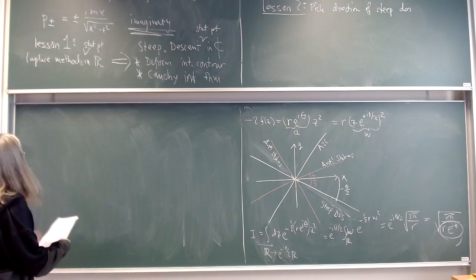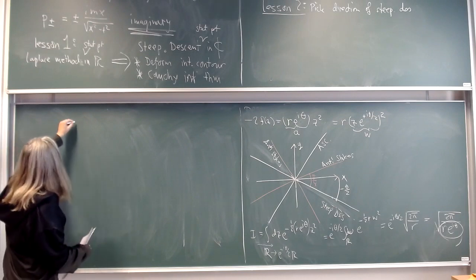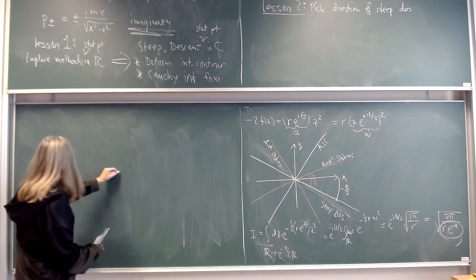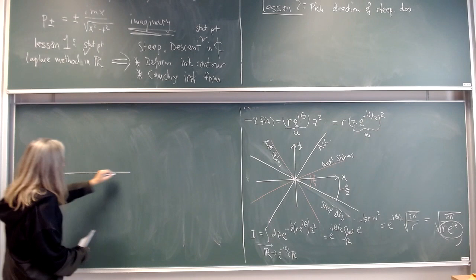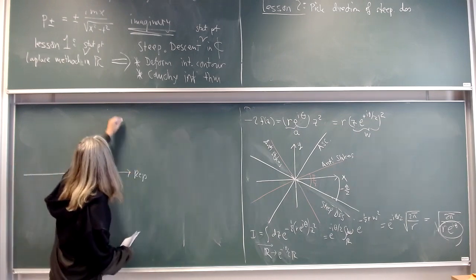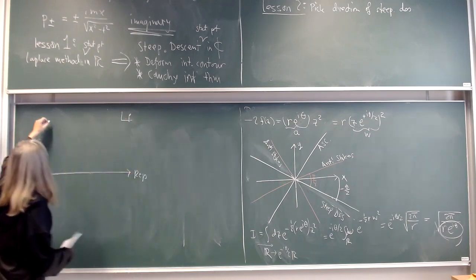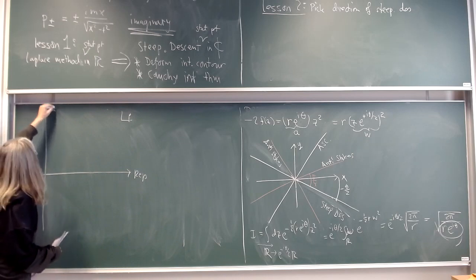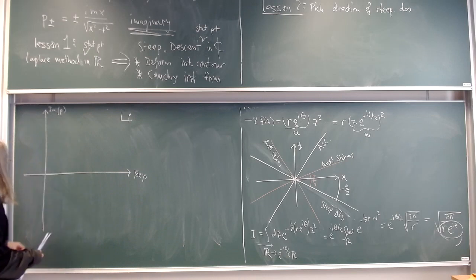Here we have the real p. I take the p plane, and here I have the imaginary p up here, and then I have two imaginary stationary points.